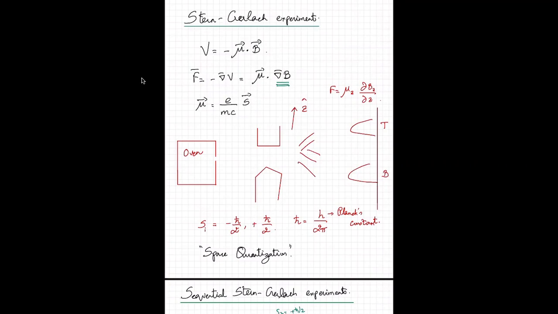And since mu, the magnetic moment, is proportional to the spin of the outermost electron of the silver atom, the beams would be split according to the spin values, plus half and minus half. So you would have, on the detector I've drawn in red, two beams, top and bottom. The top corresponds to one value of spin, and the bottom to the other, plus or minus h bar over 2.